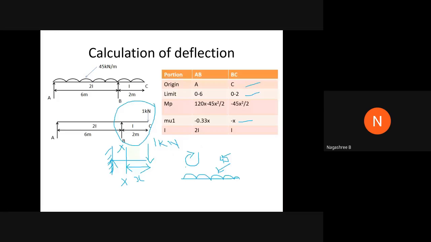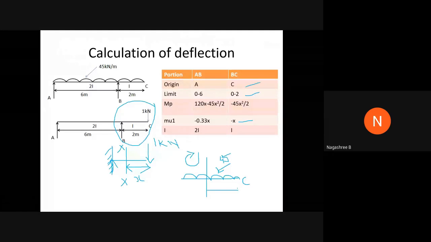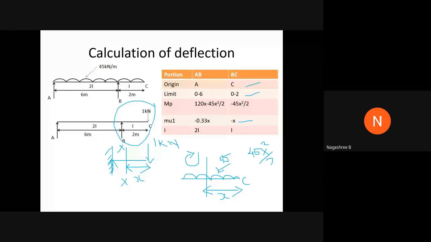This will be the C point, and here I have taken the x distance. So the value will be equal to 45 into x square by 2, which is going in the clockwise direction, hence it is considered negative. So the I value here will be I as it is. Now is it clear for portion BC?